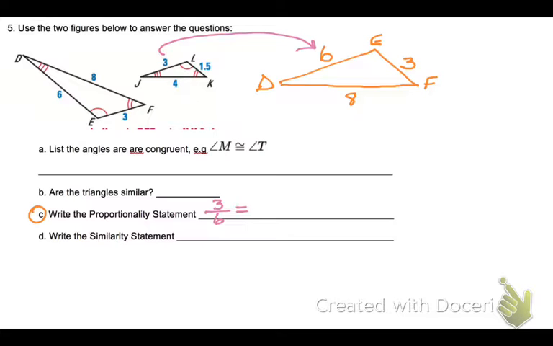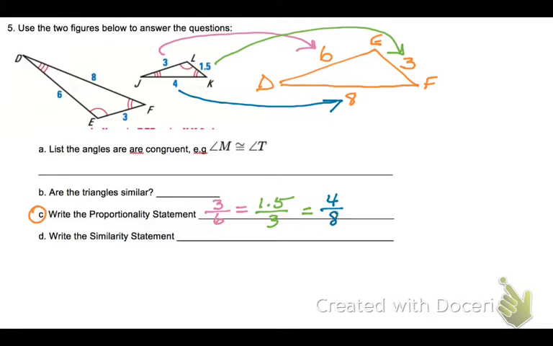And then this side corresponds to this side, and we're going to write 1.5 over 3. And then this side corresponds to this side, and we're going to write 4 over 8.